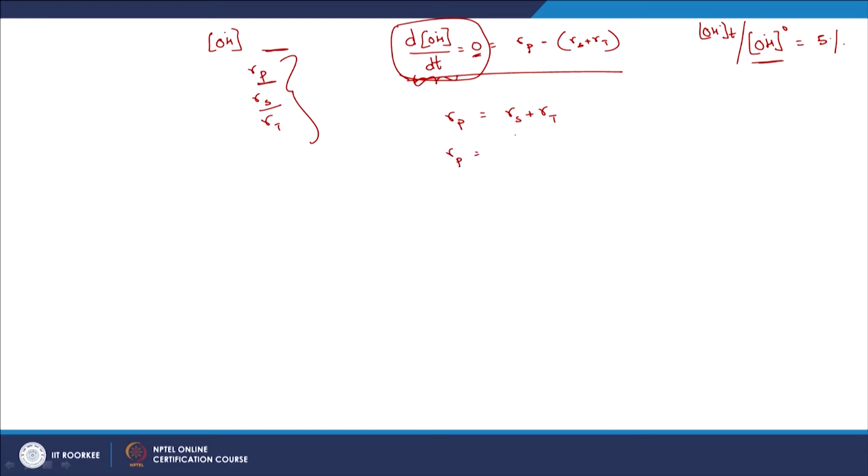Rate of production equals Ks times OH radical times the scavenger plus Kt times OH radical times the target, right. Again, what are we expressing here? The rate of production of the hydroxyl radical would be equal to the rate of loss of the hydroxyl radical, and which reactions lead to the loss?